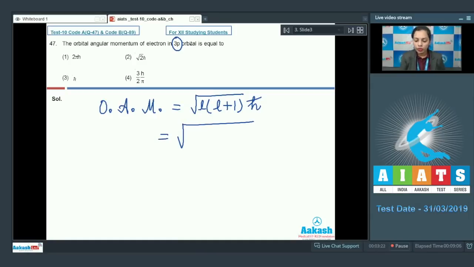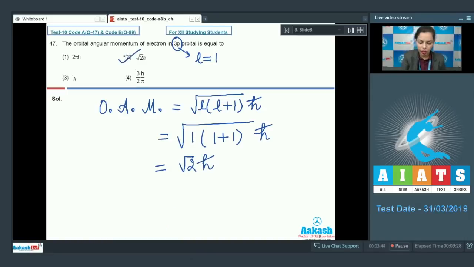You need this value. If we talk about the p orbital, what would be the L value for this? For this case, L value is 1. So it can be written as root 1 plus 1 h cross. And it would be equal to root 2 h cross, where this answer is given. This answer is correctly given here in option 2. That's why the answer for this question becomes option 2.